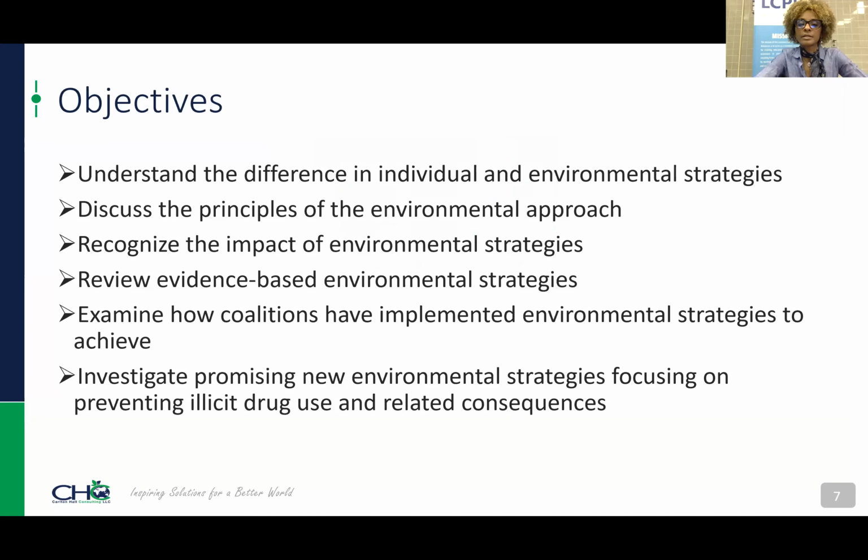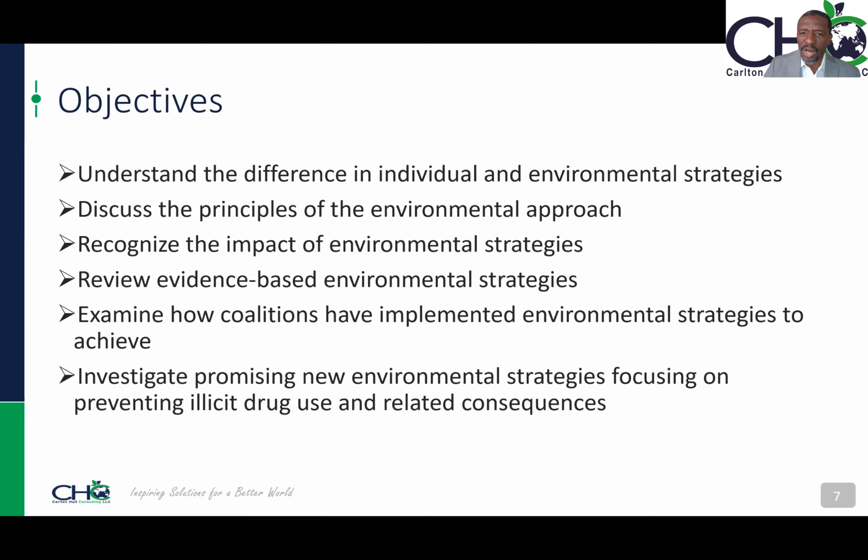We're going to speak a lot about those principles that are involved with this environmental approach, and what that means on behalf of prevention leaders. And we'll look at some promising new environmental strategies. Throughout all of this, as Dave mentioned, we're looking for you to be as interactive as possible.